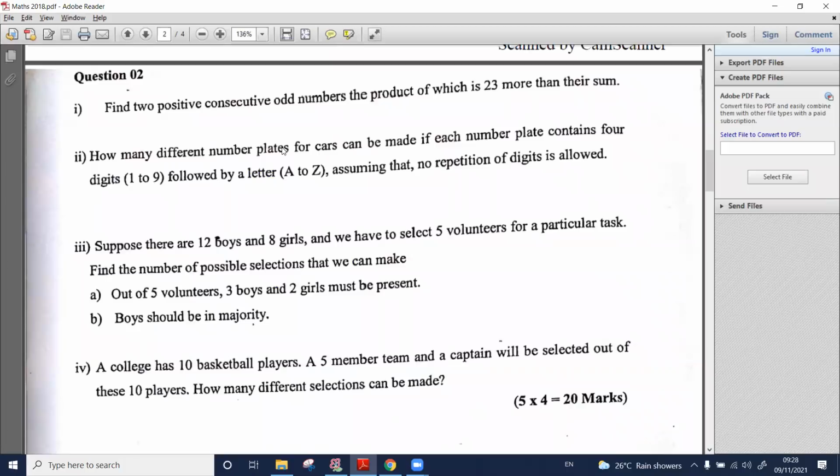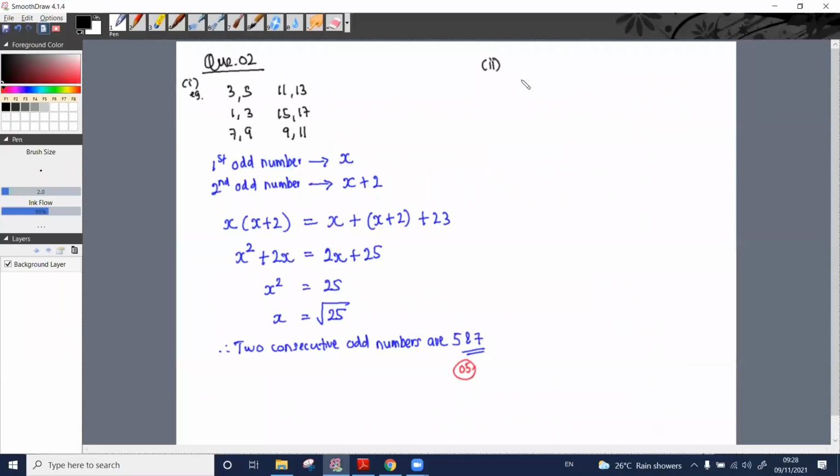Assuming that no repetition of digits is allowed, meaning the same digit does not appear twice. How many different number plates are possible? 4 digits and 1 letter.